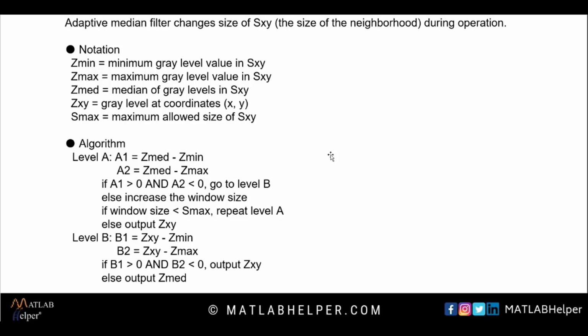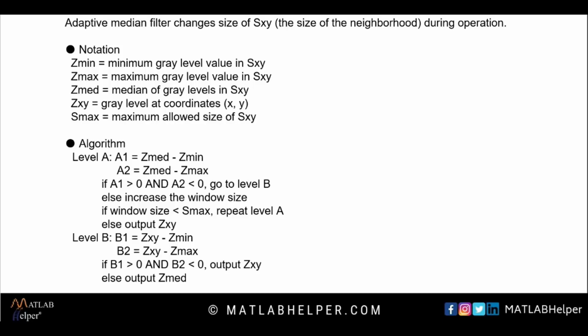Smax, maximum allowed size of SXY. As we already talked about, the size of the windows would be 3, 5 and 7, which would increment in odd numbers, and Smax for our case is 7. Now let's look into our algorithm. For level A, you should find out whether the Z median is greater than the minimum and less than the maximum.